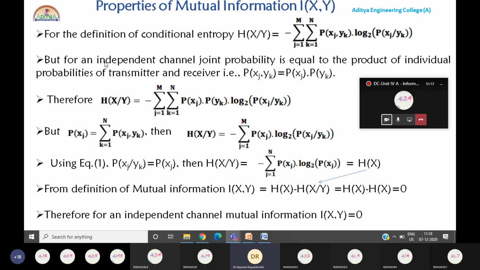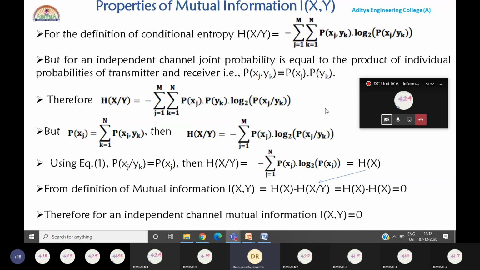So what is the condition for an independent channel's joint probability? For an independent channel, joint probability is equal to the product of individual probabilities of transmitter and receiver. That is, P of xj comma yk is equal to P of xj into P of yk.